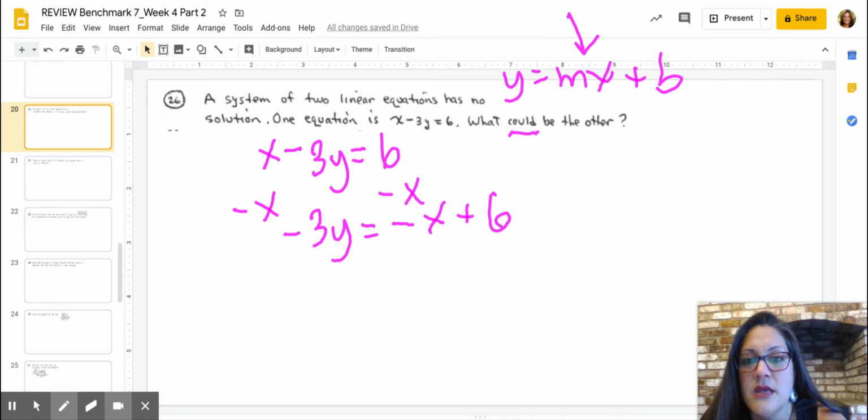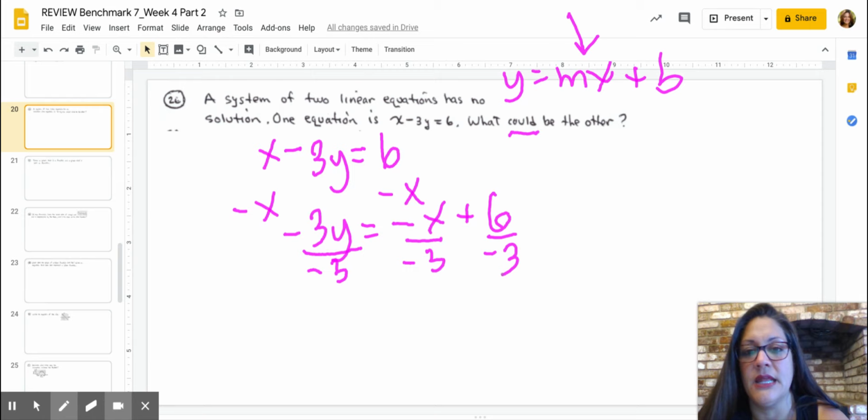Okay, so now negative 3y equals negative x plus 6. I need to get y by itself because that is my slope-intercept form. So next thing I need to get rid of is that negative 3. So I'm going to divide everything by negative 3.